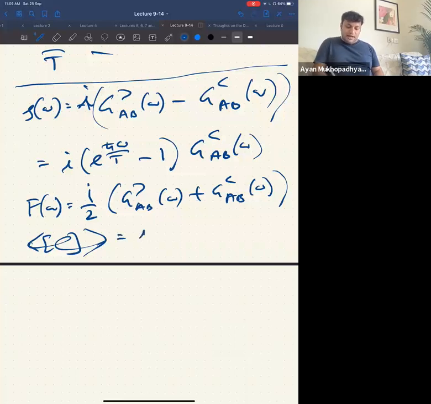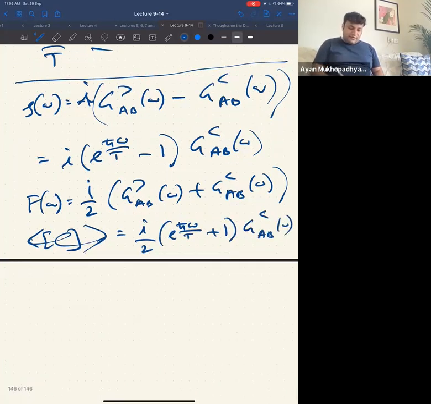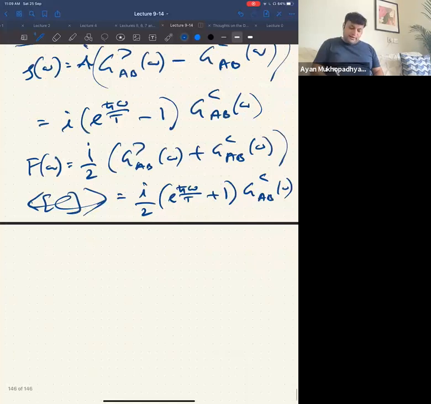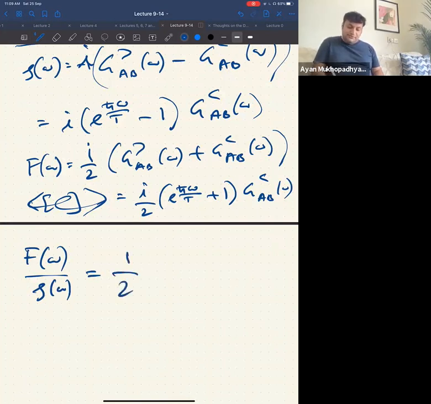This becomes i by 2 times e to the power h bar omega by T plus 1 times G less AB omega. So now if I take F of omega by rho of omega, what do I get? This G less AB cancels out, right? And I get simply half e to the power h bar omega by T plus 1 divided by e to the power h bar omega by T minus 1, right?